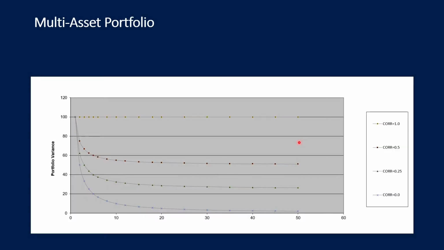If we do this with different correlation coefficients, of course, we can't diversify away if we have a correlation of 1. We still stick with 100% risk. But as soon as we have positive but not perfect correlations, the diversification effect becomes better and better.